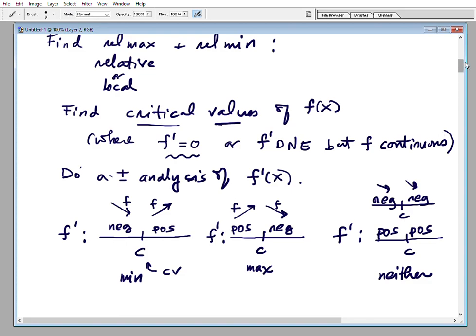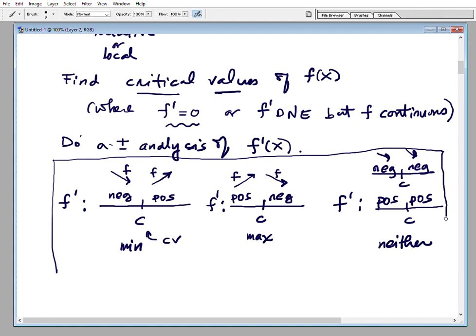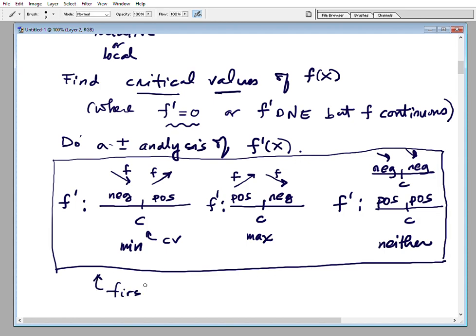This is called the first derivative test for max min. We're analyzing the first derivative. Instead of relative max, relative min, we just abbreviate it max min.